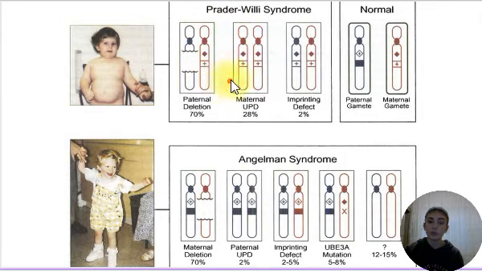So you develop Prader-Willi syndrome. In the case of uniparental disomy, when you receive both of your chromosomes from your mother, you again get only second gene products because the first gene is inactivated, and again you develop Prader-Willi syndrome. In the case of Angelman syndrome, when you delete your maternal genes from the maternal chromosome, you receive only first gene products because the second gene is inactive, imprinted, right?